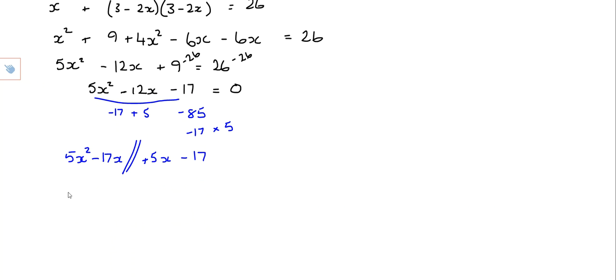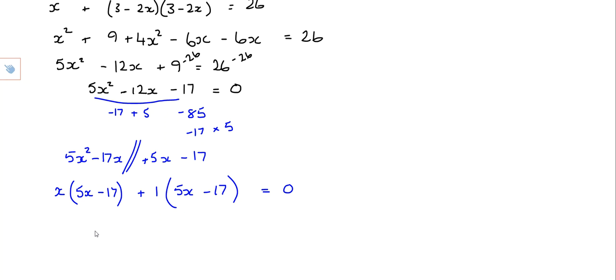And then I put them back into the bracket, so I did x bracket 5x subtract 17 bracket, and then plus 1 bracket 5x subtract 17, and then I did equals 0. Still equals 0, yeah.